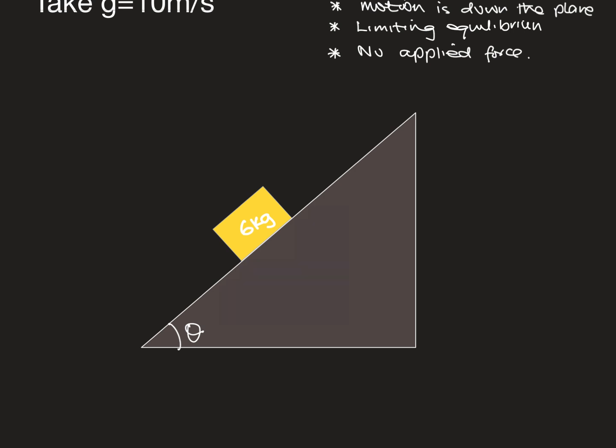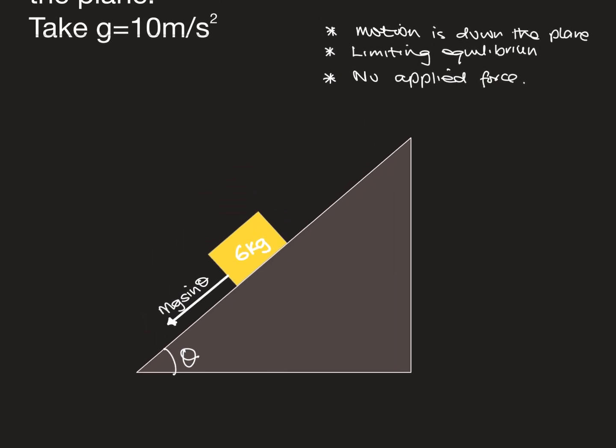So if we should indicate the forces that we have associated with this diagram, we have a force that is always acting downwards, which is mg sine theta. And since the body is sliding down the plane with no applied force, we're going to have friction that is going to act in the other direction, that is up the plane.